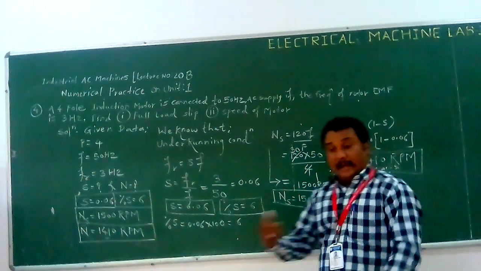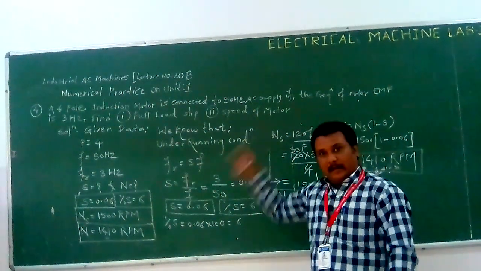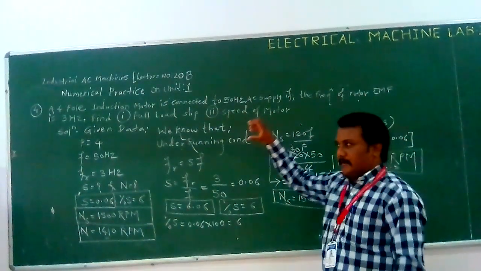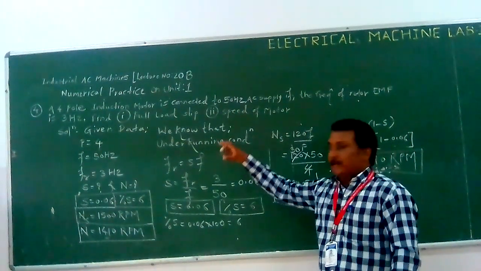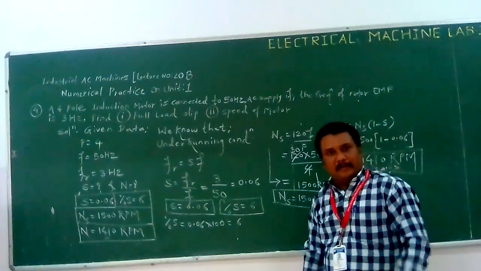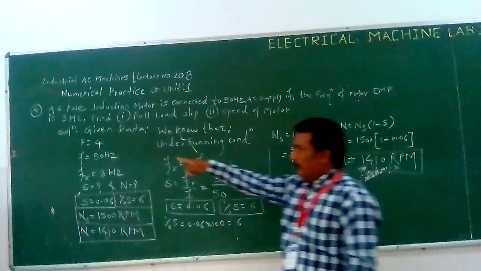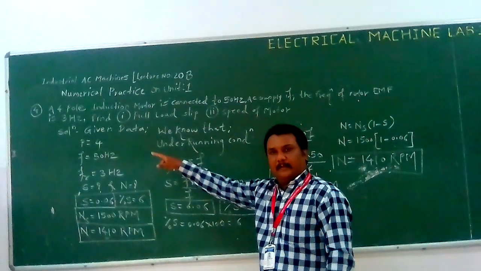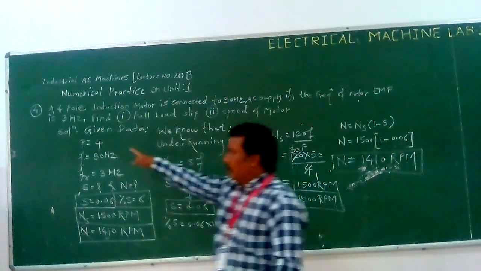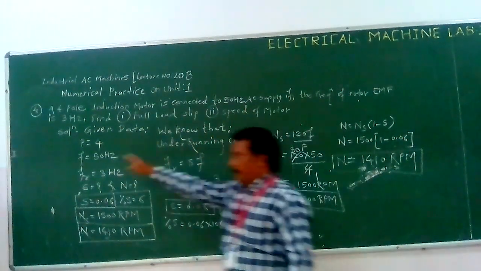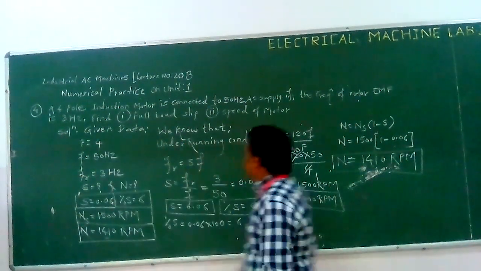Again I will explain the entire numerical from the given data, by carefully reading the numerical. First of all, writing the given data. The first line, 4 poles is given, meaning the number of machine poles, capital P, is 4. Then the induction motor is connected to a 50 Hz AC supply; 50 Hz is the supply frequency.